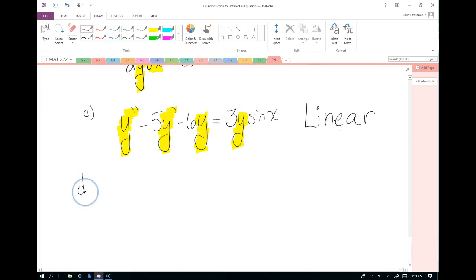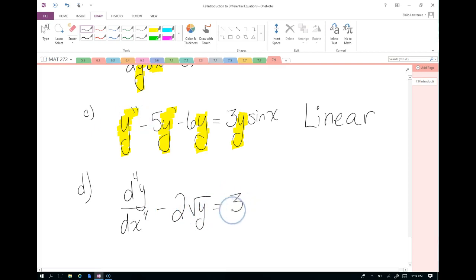All right, the last one. d4y/dx4 minus 2 root y equals 3x. What do you think? Is it linear or nonlinear?